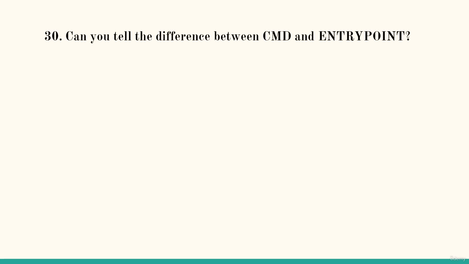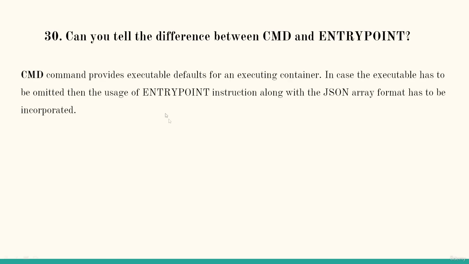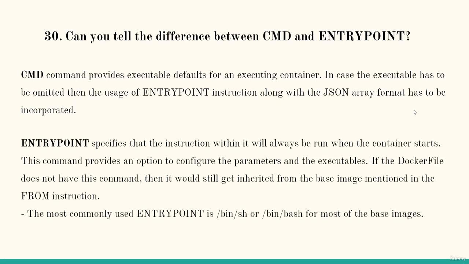Can you tell the difference between CMD and ENTRYPOINT? The CMD command provides executable defaults for an executing container. In case the executable has to be omitted, then the usage of the ENTRYPOINT instruction along with the JSON array format has to be incorporated. ENTRYPOINT, on the other hand, specifies that the instruction within it will always be run when the container starts.